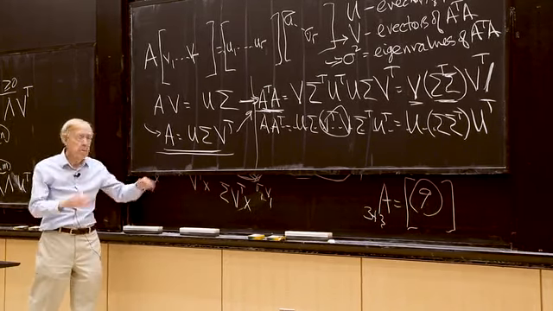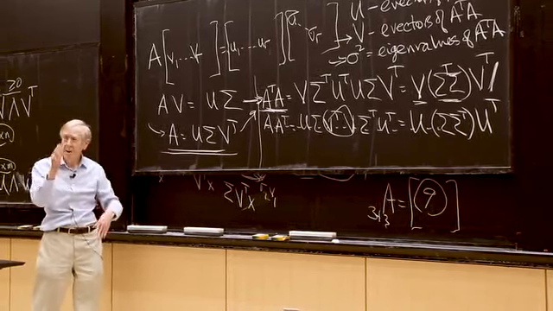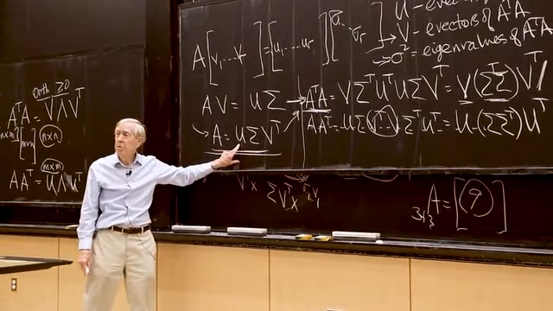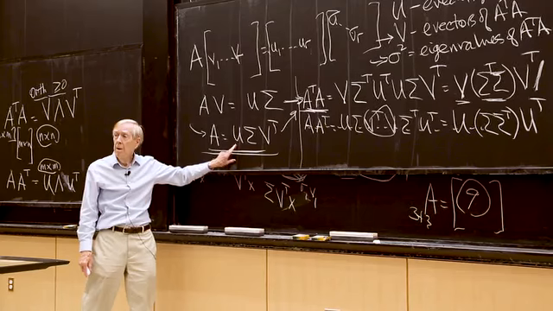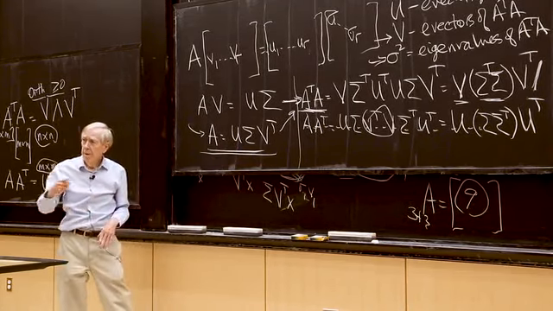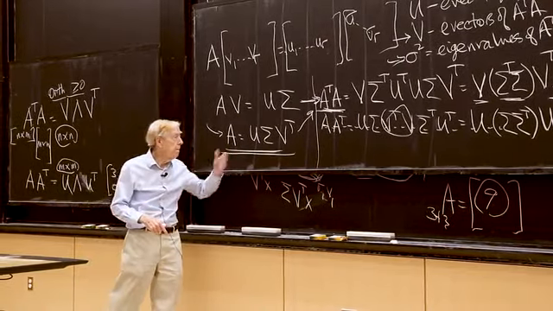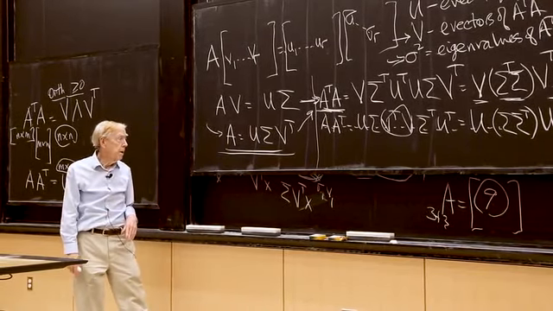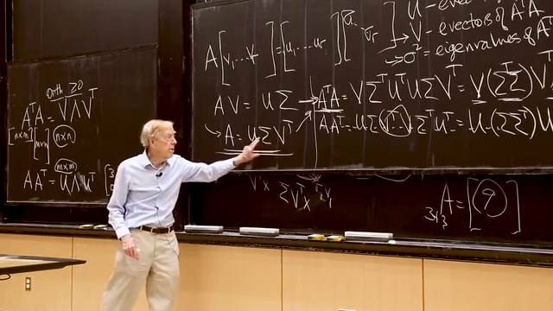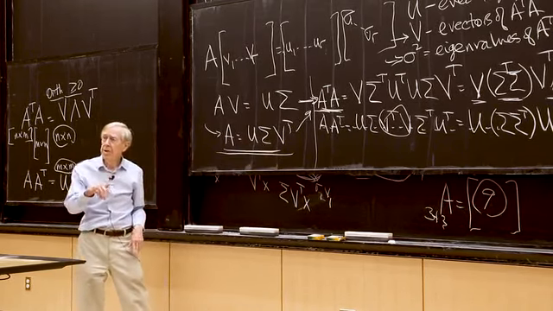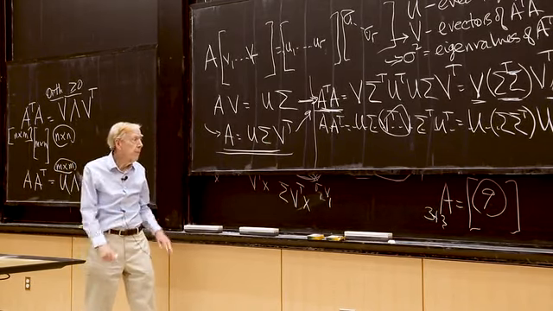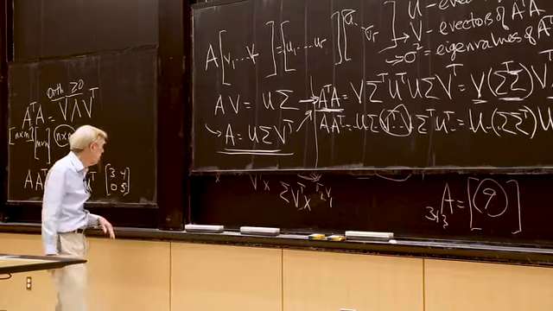Then I take the determinant of this product and I can take the separate determinants. An orthogonal matrix has determinant 1, and similarly here, so the product of the sigmas is also the determinant.